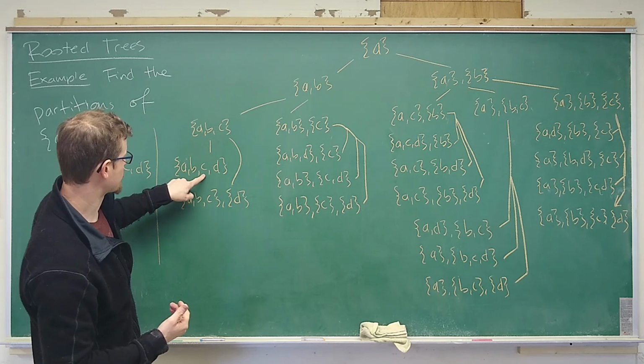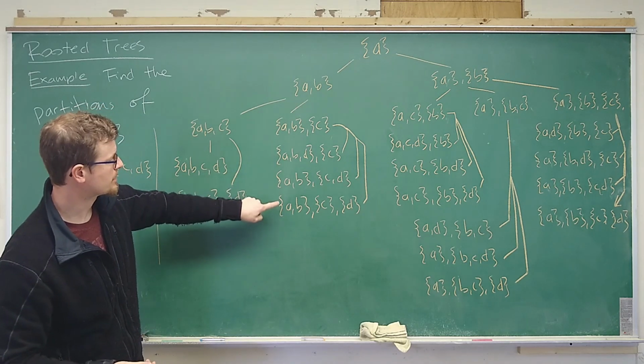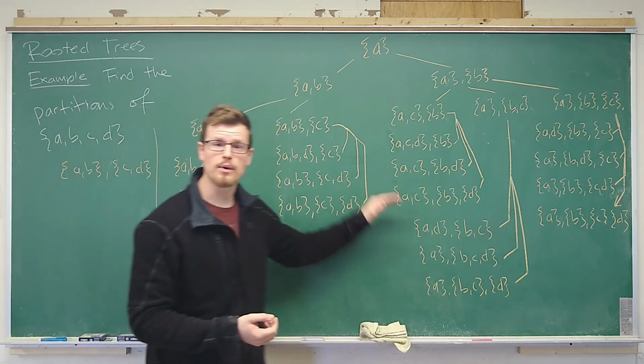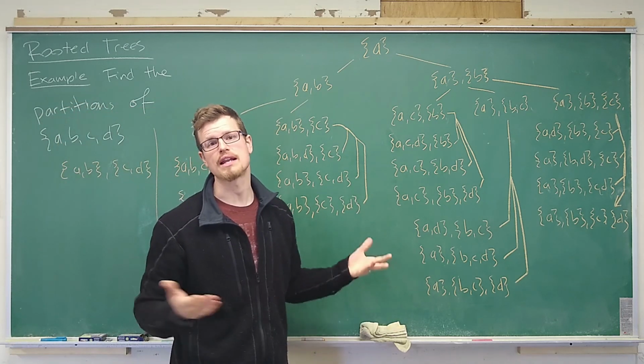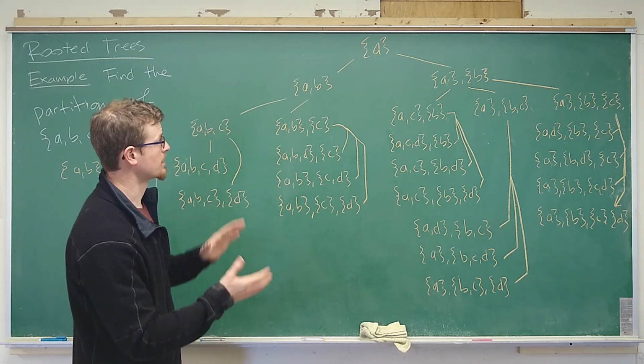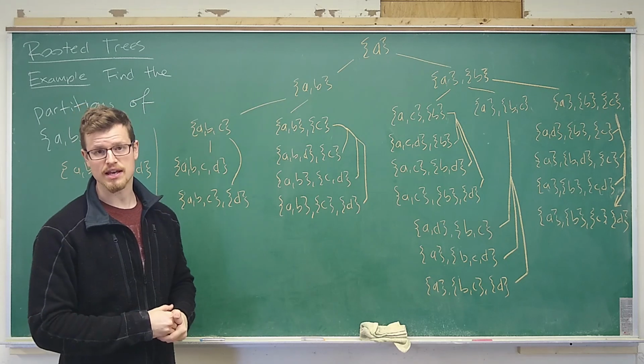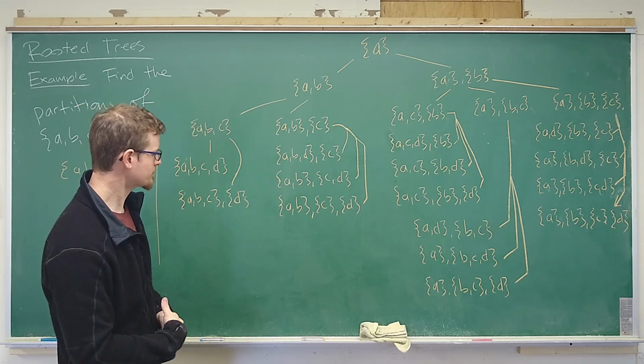These are all the ways in which we can partition the set A, B, C, D, and it is all of the partitions, right? We have identified all ways of partitioning the set A, B, C, D. Excellent.